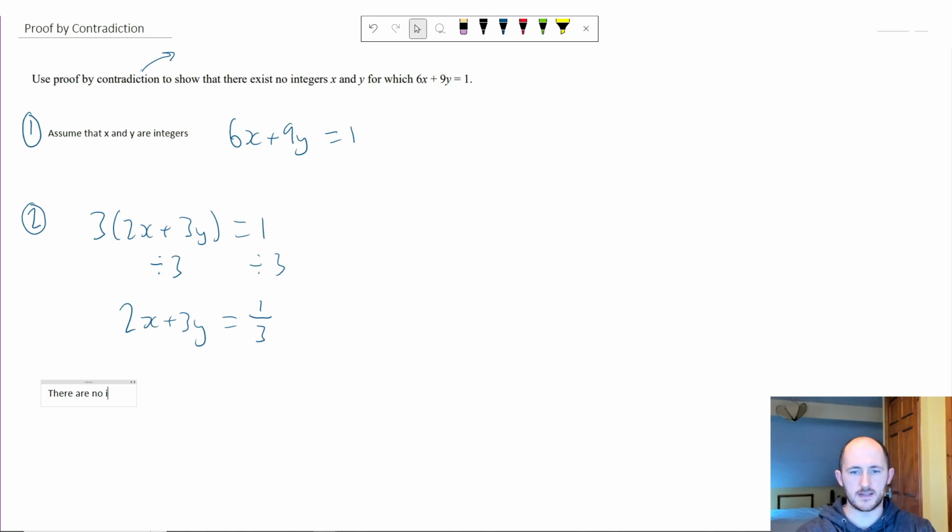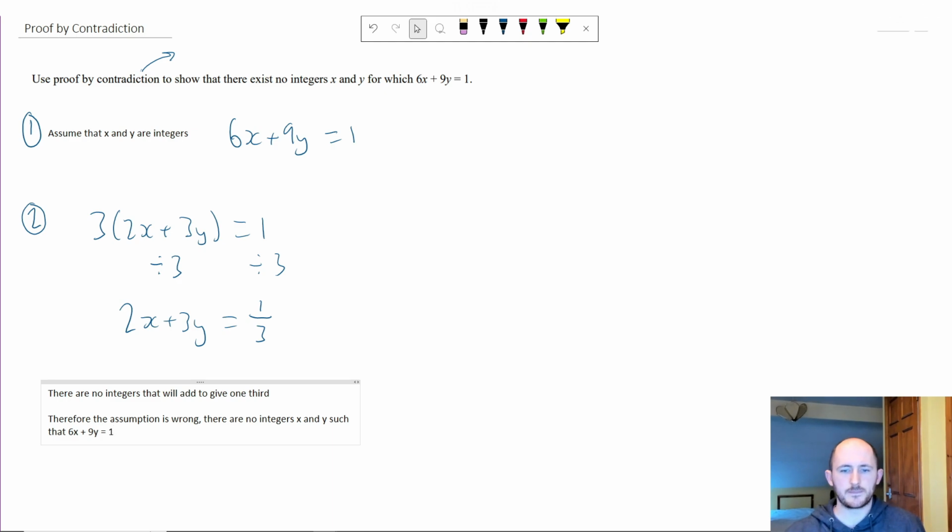There are no integers that will add to give 1/3. Therefore, the assumption is wrong. There are no integers x and y such that 6x plus 9y equals 1.